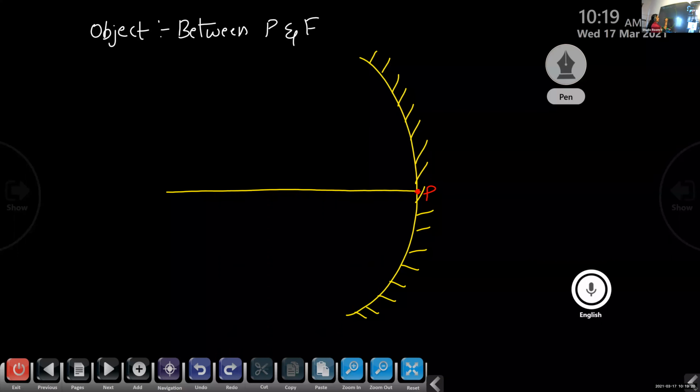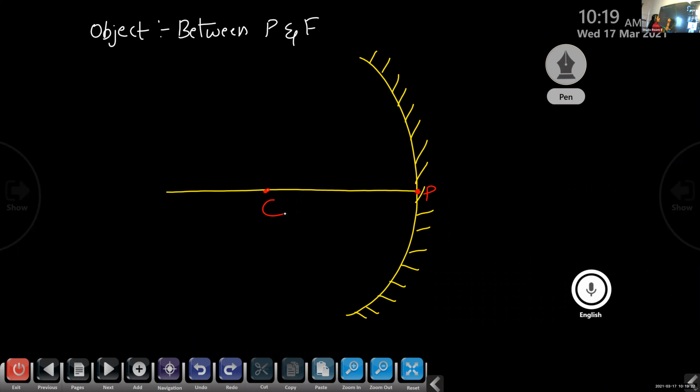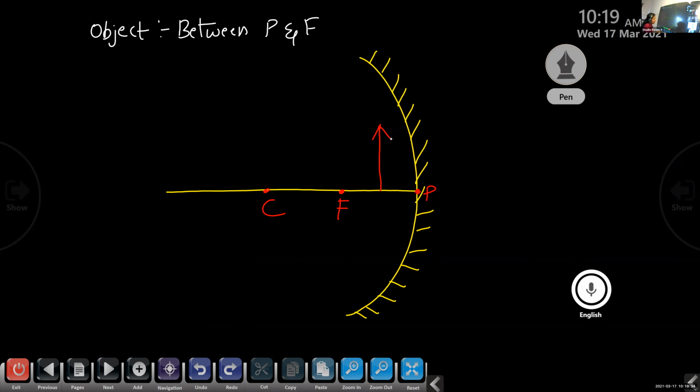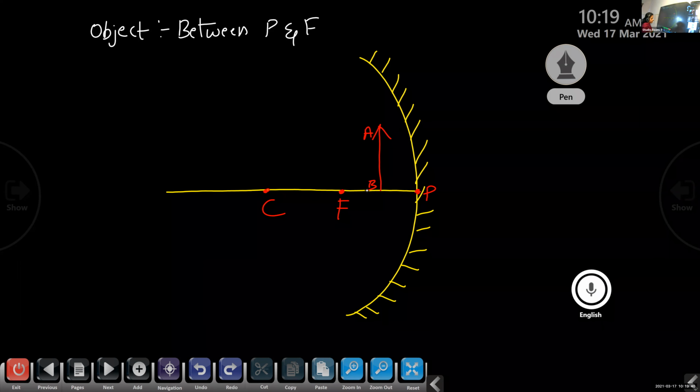Pole, center of curvature, and in between them the principal focus. In this case, we place the object between P and F, that is, the object AB is here.